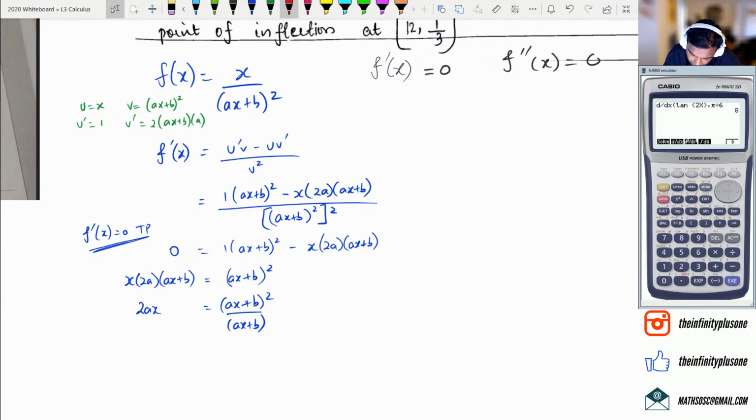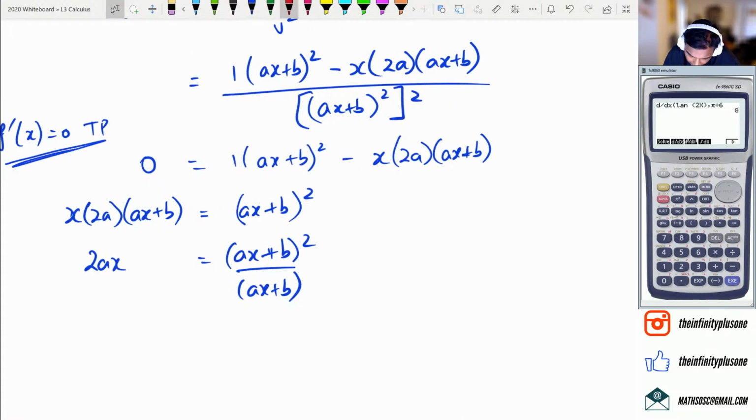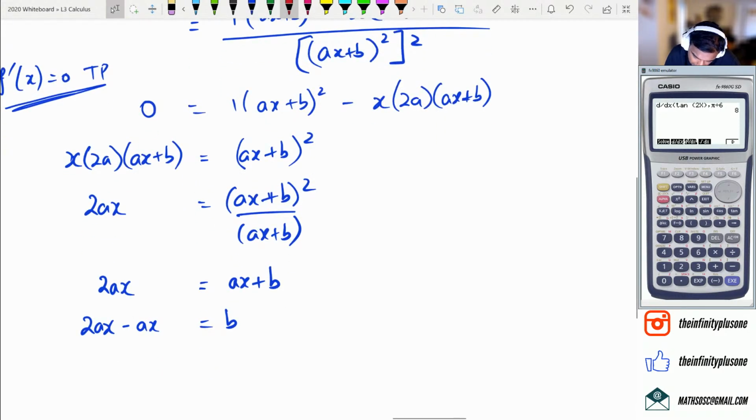What happens is we're going to end up canceling one of the (ax plus b), so we're going to get 2ax equals ax plus b. So when we do 2ax minus ax, we get b.